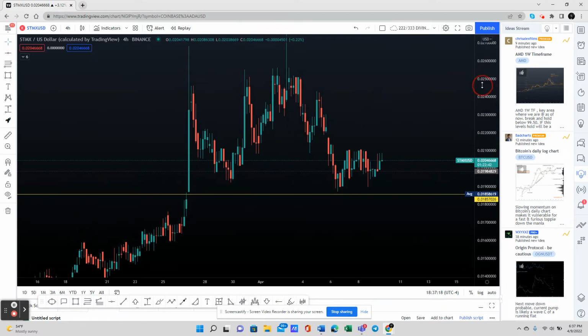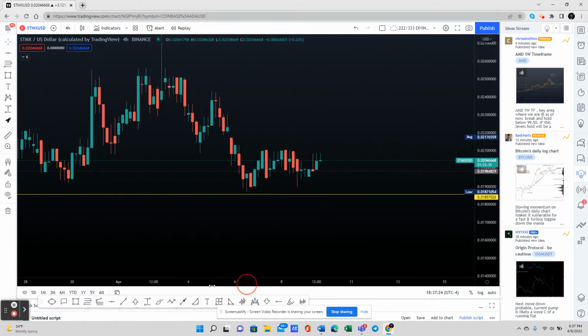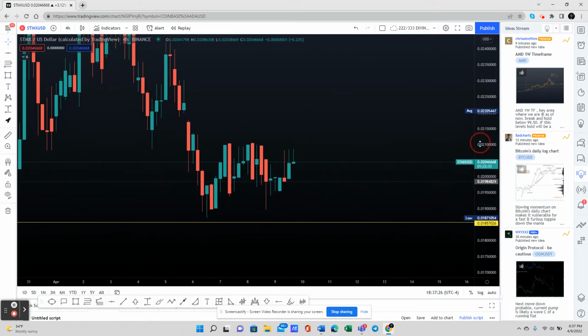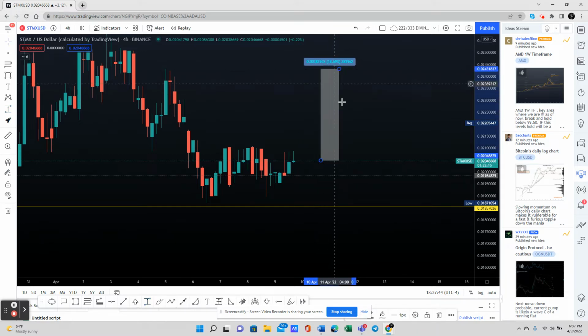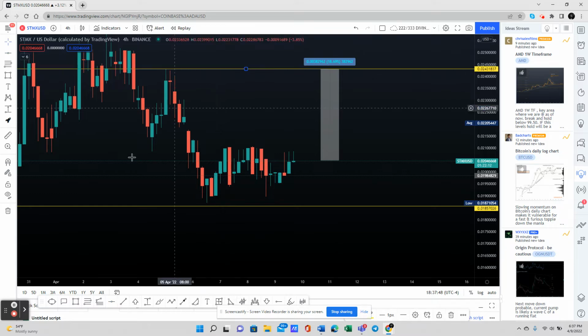Okay, so we might not call it exactly a double bottom, but I see what it's trying to do. We're going to get a nice little W shape. So we're going to get this, bam, boom, and up here. So we could have a nice little rally from this region that we are in back up to this point here, which would be an 18% rally.